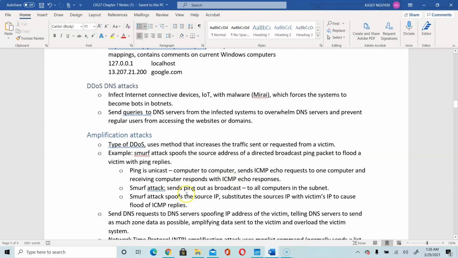Because it's two-way, you would have the echo request that needs to be responded to. So if they substitute the source IP with the victim's IP, that will cause the flood of the ICMP replies.